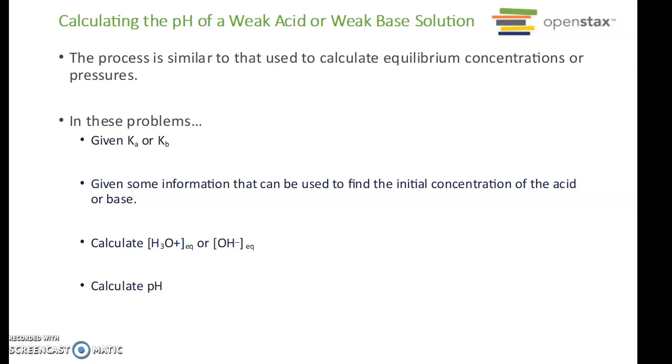You can also calculate the pH of a weak acid or weak base solution. Essentially, you take that same Ka or Kb value, given some initial concentration, and use those to calculate the concentration of either the hydronium ion or the hydroxide ion.